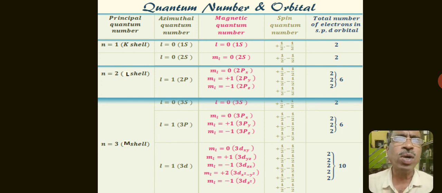In this table we have the M values. When L is equal to 1, M is having the values minus 1, 0, plus 1. So the value is given here for the 0 as the pz orbital. Minus 1 is the px and plus 1 is the py orbital.